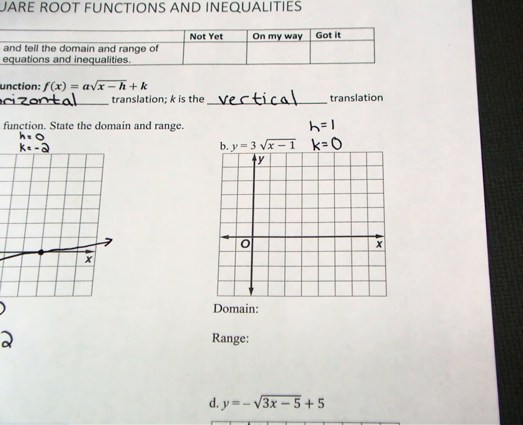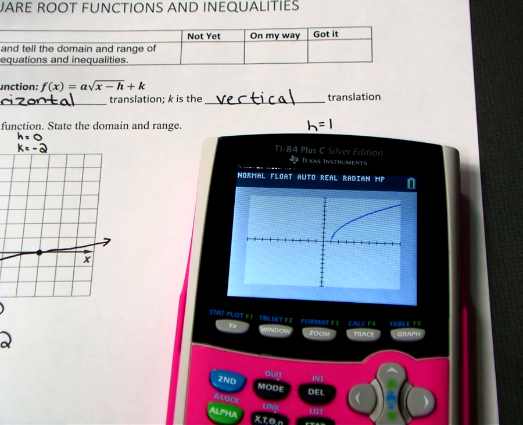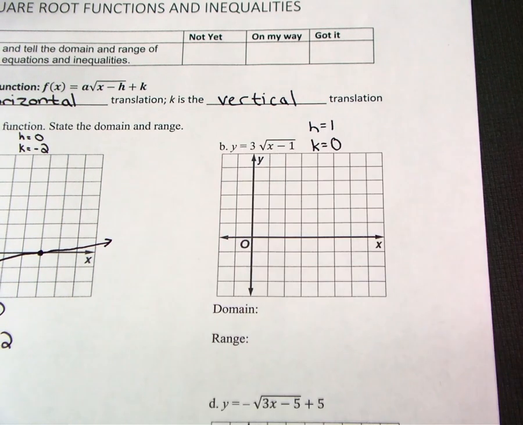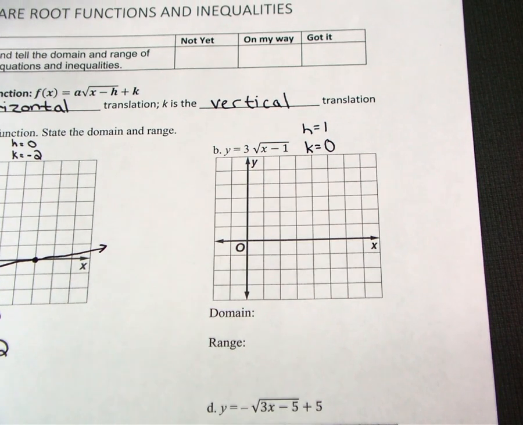Then you can type it into your calculator and get some other points. Now you can see with this one, when you graph it, it goes up much more quickly. And that's because of the 3 in front. The 3 makes it go up much more quickly. If it was a 1/3, it would be much skinnier than the one that we just saw. That A value in front just indicates how wide it's going to be.